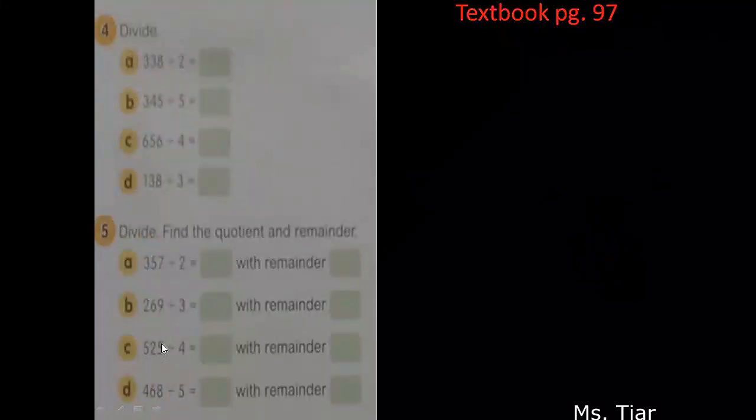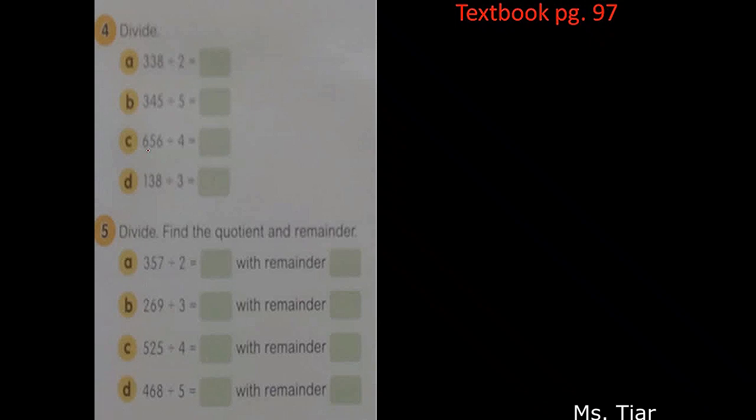Okay, we have textbook page 97 here. I'm just going to take one from number 4 and one from number 5. So I'm going to take question C, 656. We divide it by 4. Now let's check. 6 divided by 4, yes, we get 1. 1 times 4 is 4.